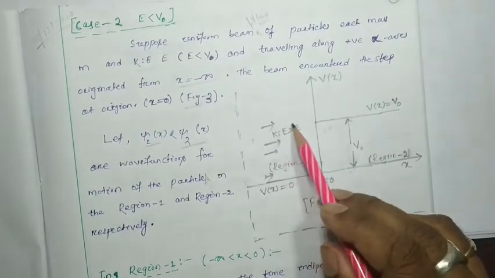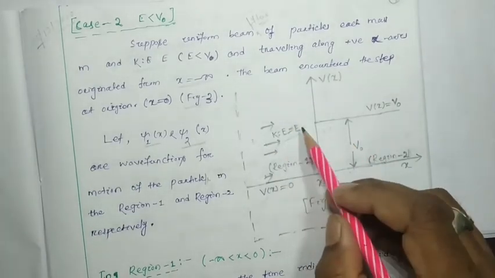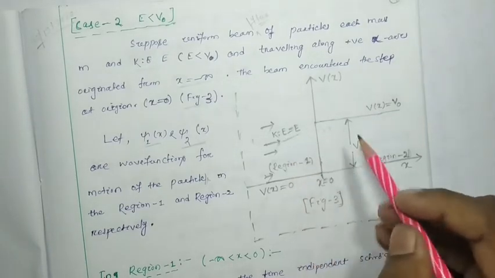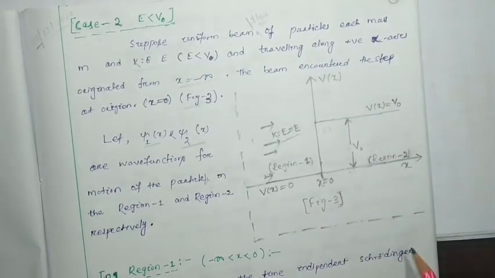Here the particle has purely kinetic energy as its total energy, but in the other region the particle has kinetic energy and potential energy.